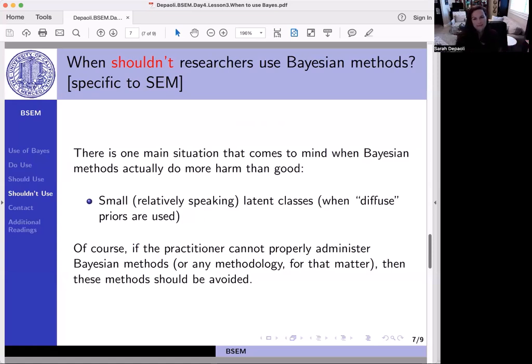Relying on the default setting can do bad things. Of course, I would also say that if a person has no clue how to properly conduct Bayesian methods, they should not use them. That goes without saying, but this is the biggest no-no, where Bayesian methods can actually do a lot of harm, and the researcher may not be able to detect that there was a problem.